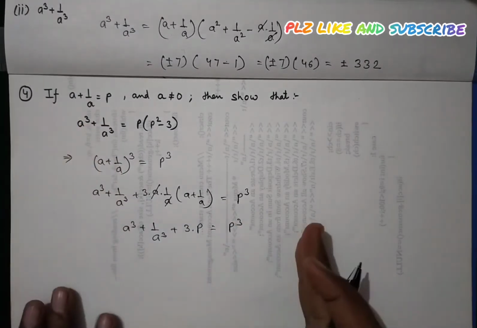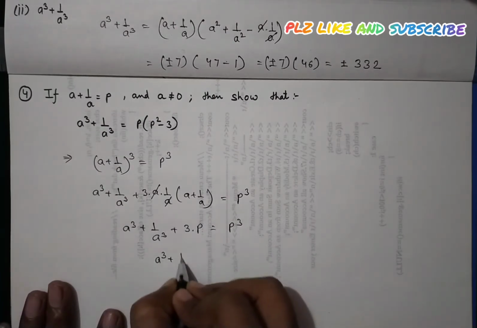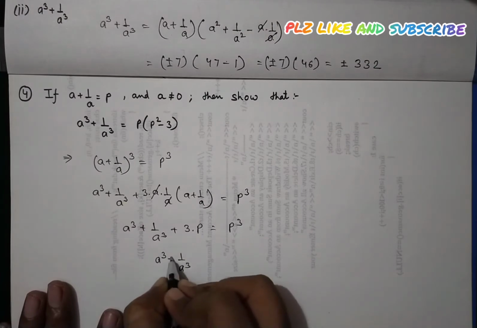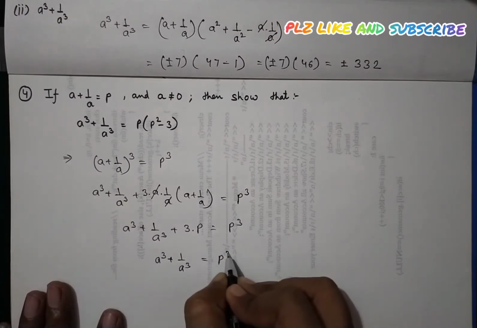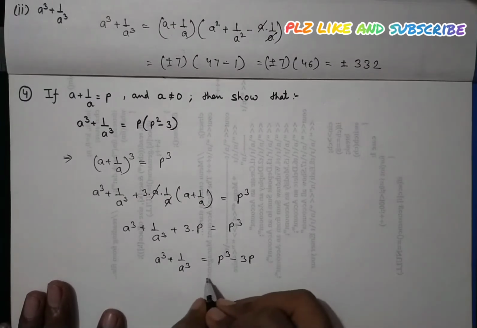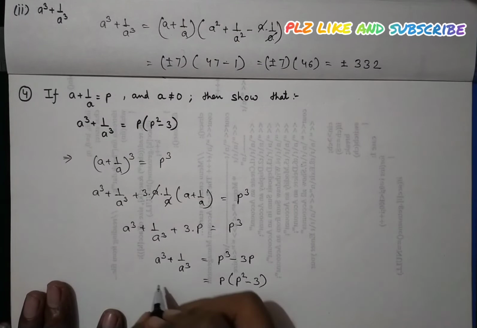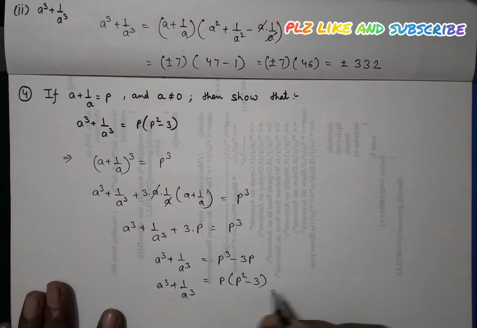Now we can shift this to the RHS, and this will be a cube plus 1 upon a cube equals p cube minus 3p. Now we can take p as common from these two, and we get p into (p square minus 3). So here we get a cube plus 1 upon a cube equals this one, which was to be proved, hence solved.